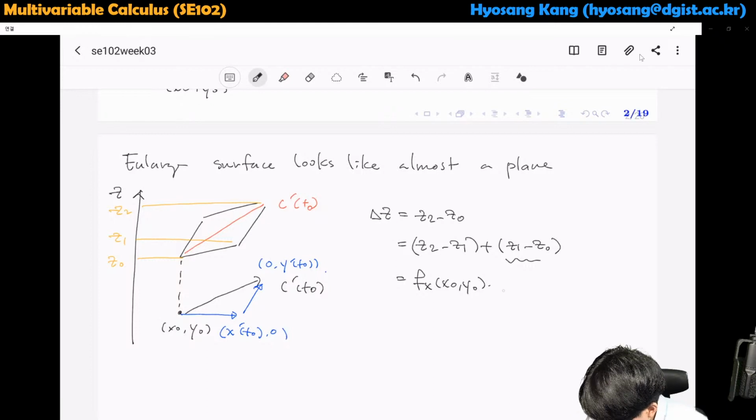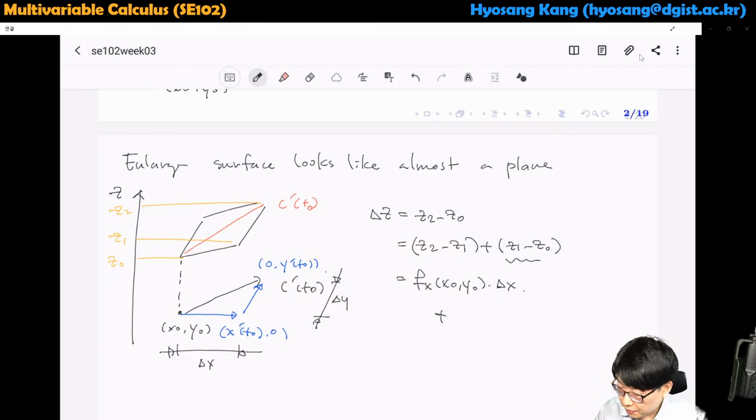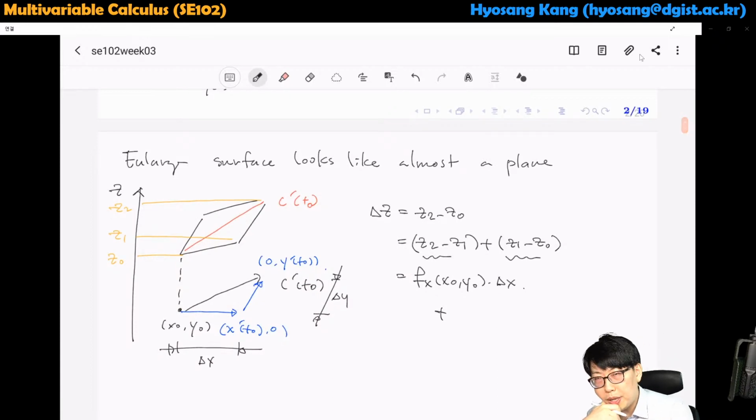So we have x prime t0 times delta t. So actually this is approximate, so let me just say delta x. So this length is delta x, okay, and this length is delta y. So this part is z1 minus z0, and how about this part? So z2 minus z1 is when we have a difference of y but x is fixed, and want to see the difference of the z value when I change the value of y.